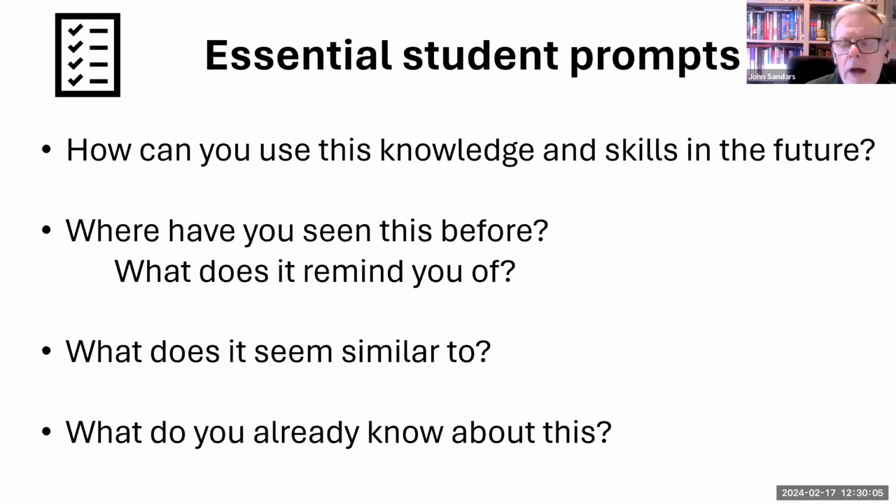So how can we practically do this as a teacher? One of the ways we can say is that when we're teaching, whether it's giving information or teaching skills, is to say to students, how can you use this information in the future?